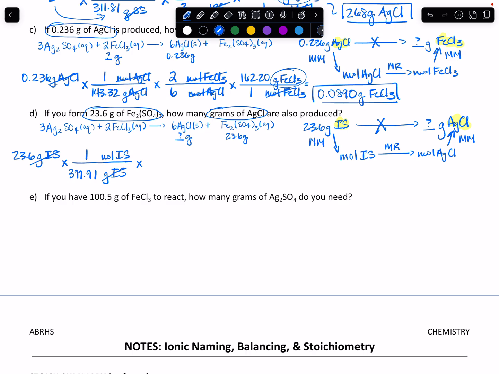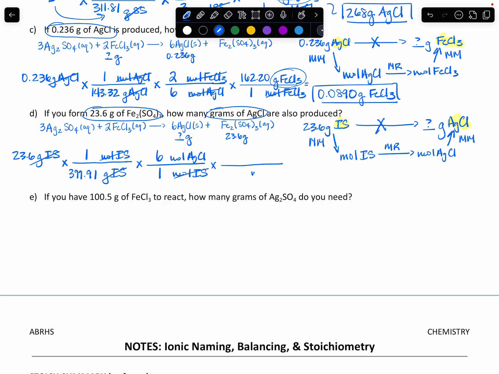But according to my plan, I still have a ways to go. I need to now convert from moles of iron sulfate over to moles of silver chloride. I use the mole ratio step for this, which means the balanced reaction coefficient. So I look, for every 1 mole of iron sulfate, I'm going to produce 6 moles of silver chloride. So I'm going to cancel out the moles of iron sulfate. But I'm not quite done.